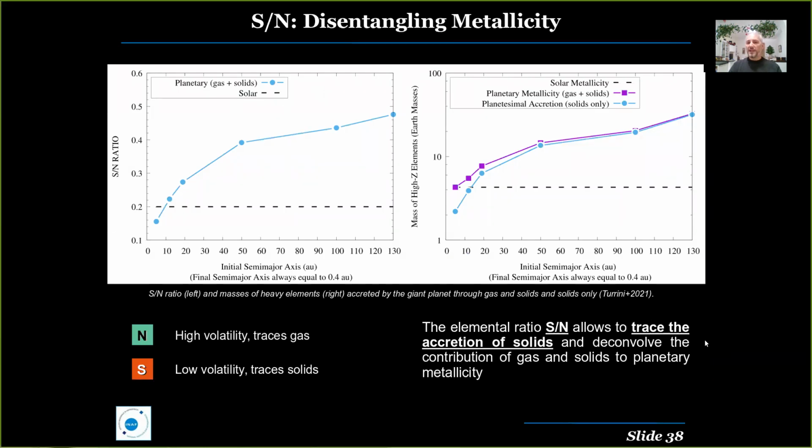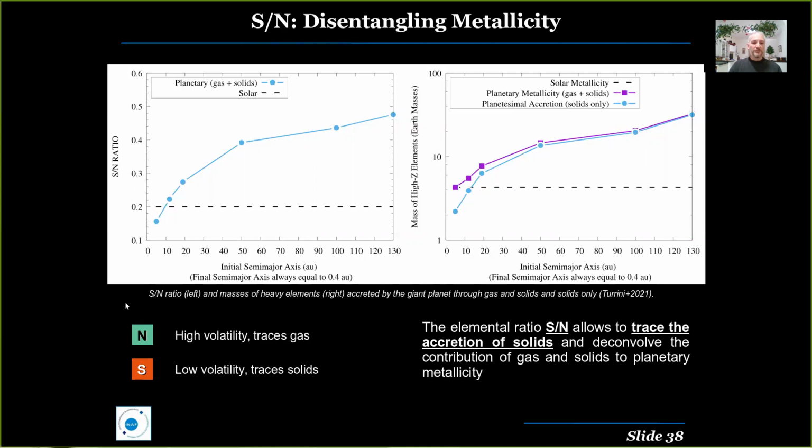I spoke about 4 elements at the beginning, and I showed plots only for 3. What happens when we consider also sulfur? Basically, sulfur, as I said, has a lower volatility than carbon and oxygen, and therefore also nitrogen, while nitrogen has a higher volatility.